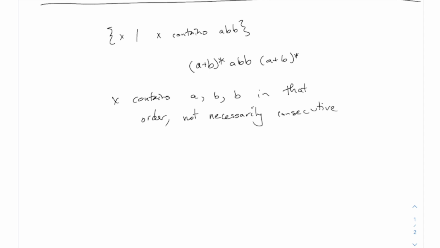Any thoughts about that? How could we make that happen? Yeah? (A plus b) star. Mm-hmm. And a. Yeah. And (a plus b) star b. Yeah, (a plus b) star b. (A plus b) star. I like this.